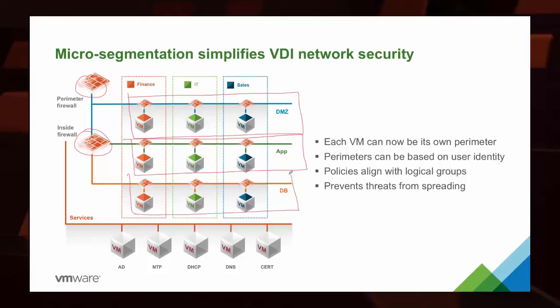And we can also create security based upon different groups, ensuring that finance and IT only communicate with sales and vice versa in the ways that we deem appropriate, and also ensure that virtual machines residing inside a specific network are protected against one another. And to do all of this outside of the perspective of a potential attacker.